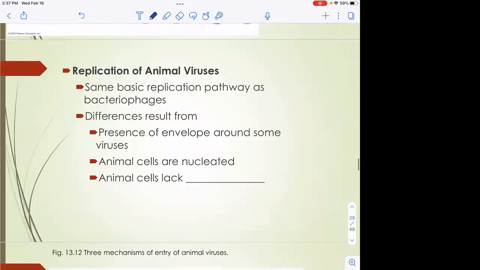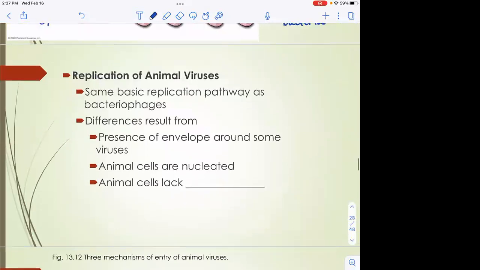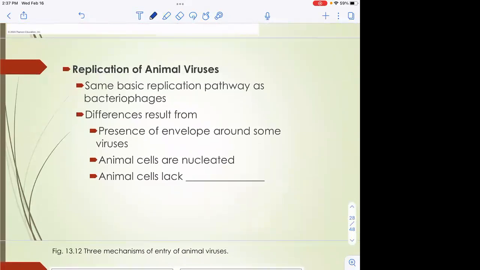So I might let you go a few minutes early today, just because we're ahead of time, but just be aware. We've been talking about viruses that enter bacterial cells in their replication. There are a few differences if we're talking about viruses that can enter us, animals.